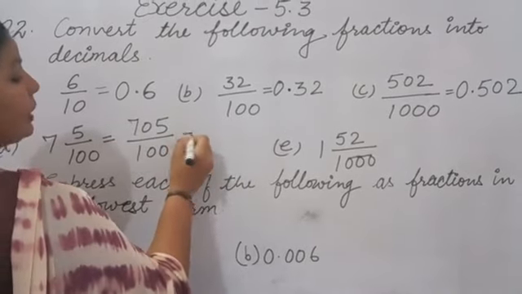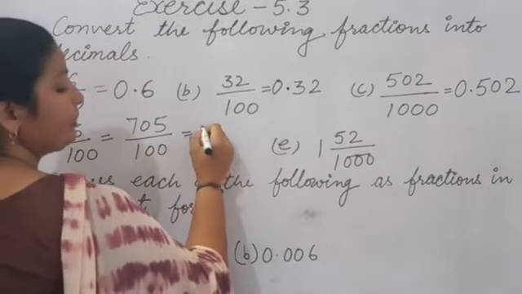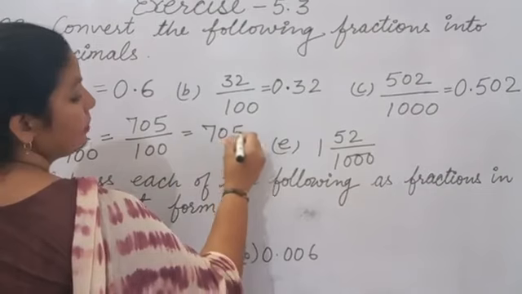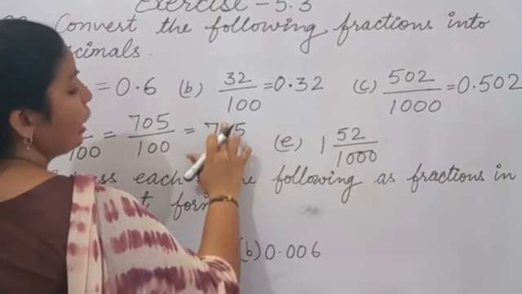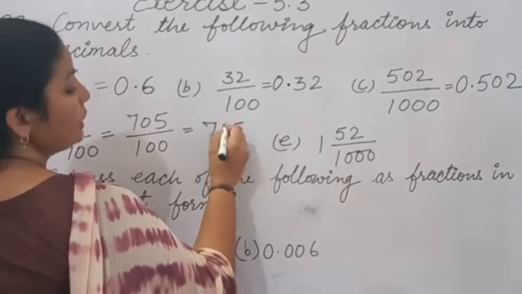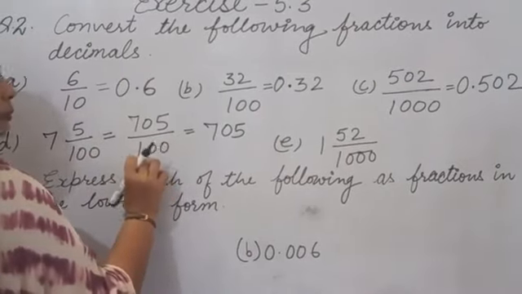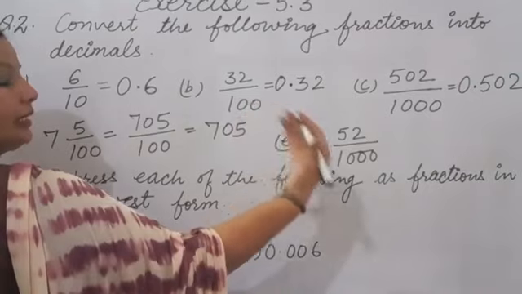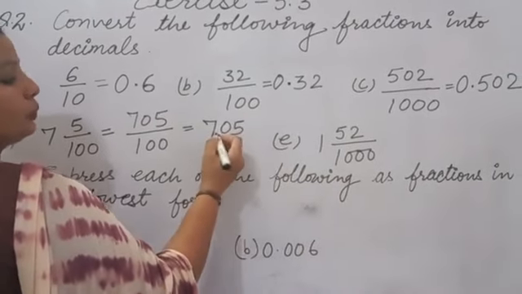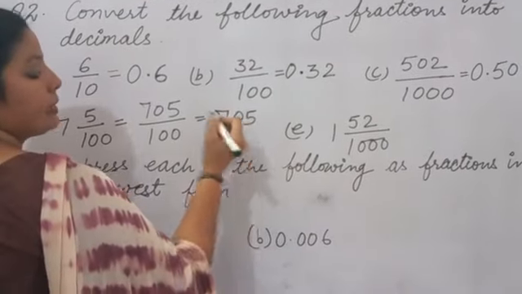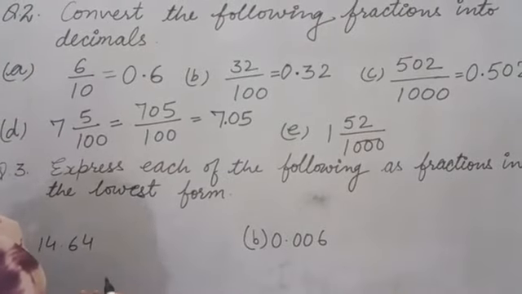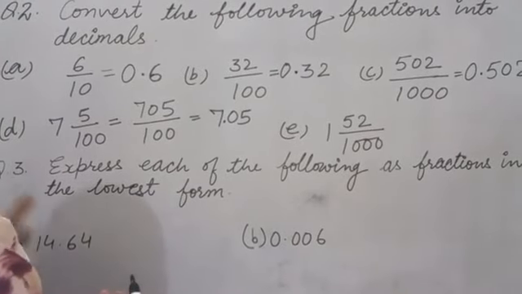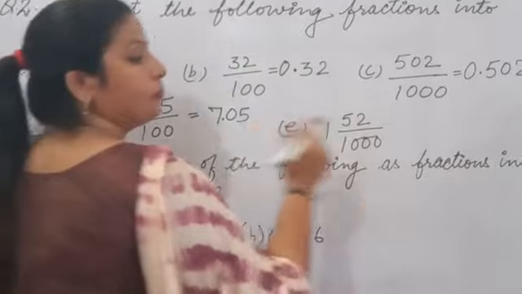Same way, numerator as it is, 705. Now we see how many zeros in the denominator. We have 100, so 2 times 0. So we will take 2 decimal places. Counting from the right hand side, 1, 2, we put the decimal. So it becomes 7.05.